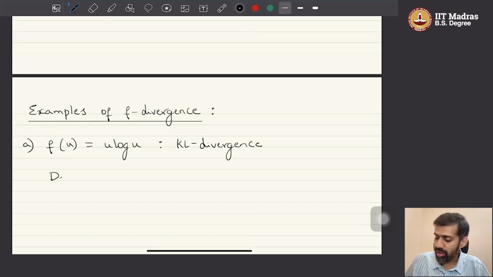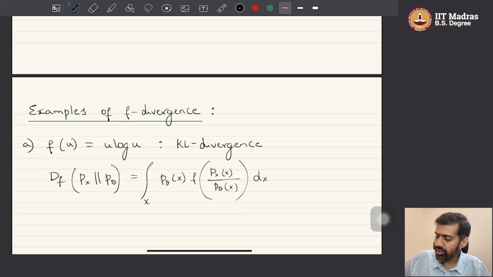Just do the algebra very quickly. D_f between p_x and p_theta for this case, recall the definition, will be the integral over x of p_theta of x times f of p_x by p_theta dx. So, this is the definition of the f-Divergence.